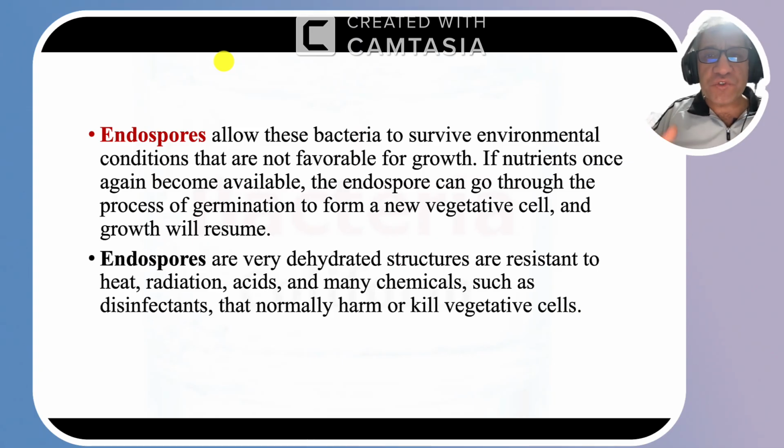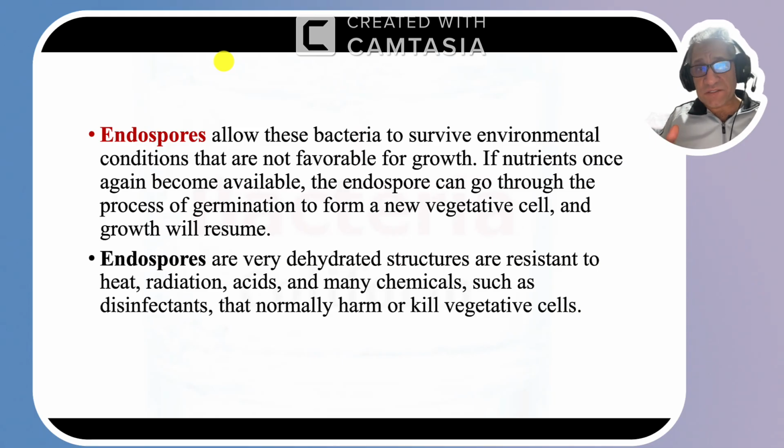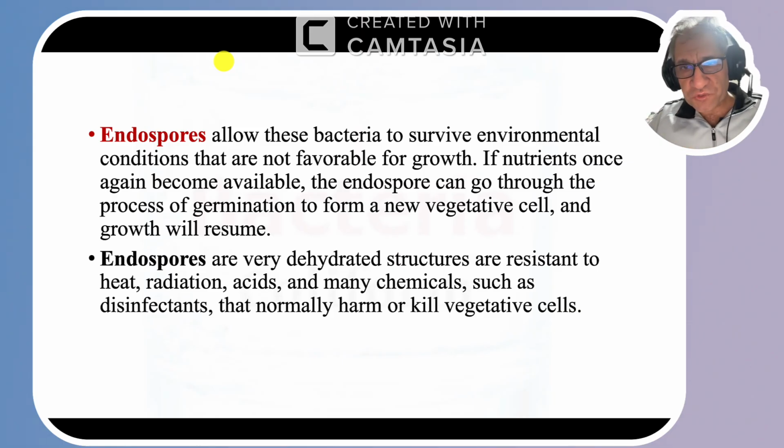In these conditions, they produce endospores and keep themselves in the sporing cycle. After the good conditions come back, they germinate again, and the germination puts them back into vegetative cells, of course.